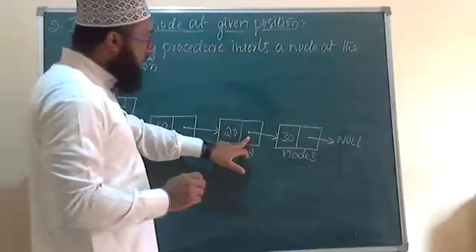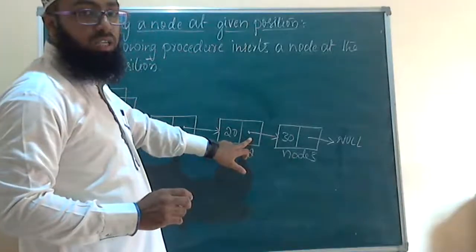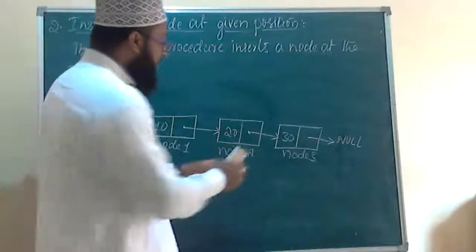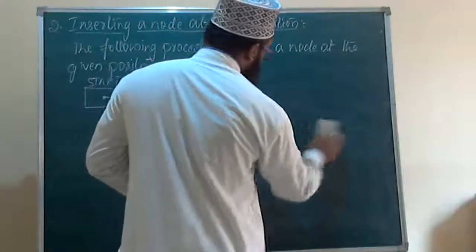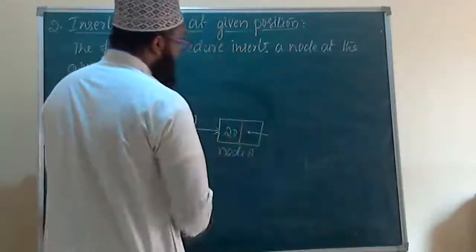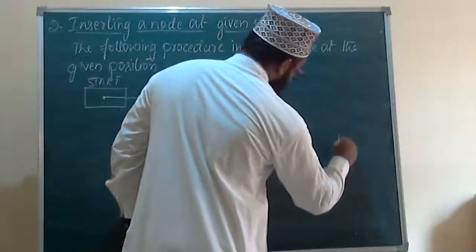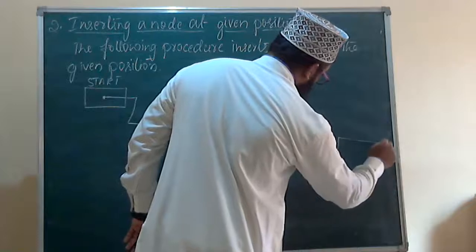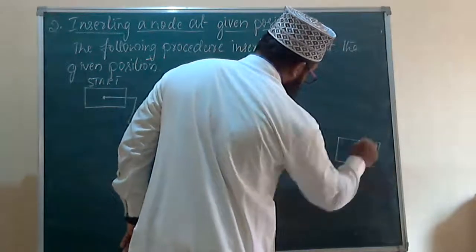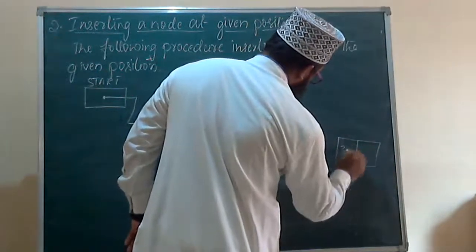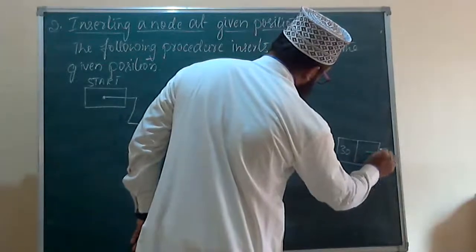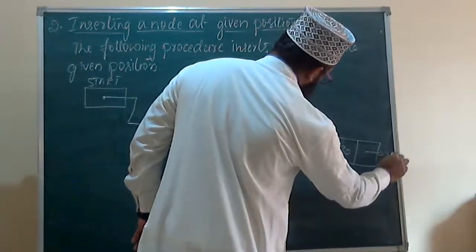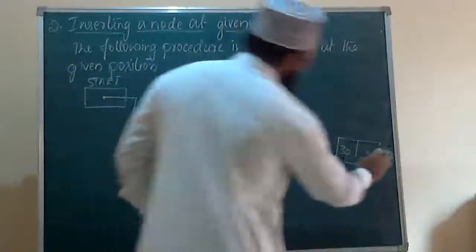If we mark this link field as null, then this node will get separated. Node 3 will be shifted here, 30, and this is pointed to null.